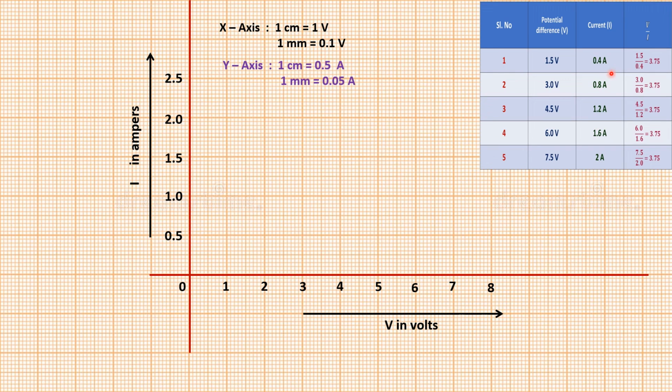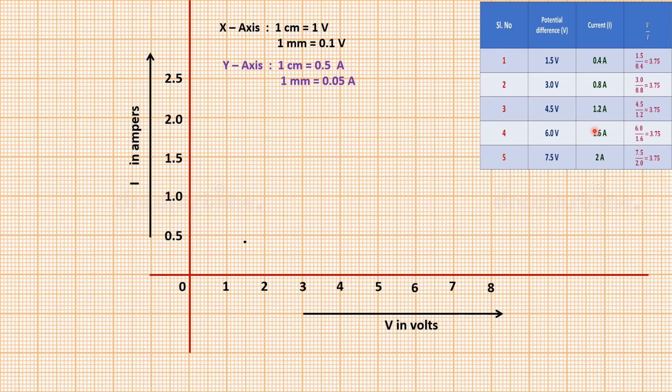So 0.4 divided by 0.05 means we get 8 units. So here 1.5, here 5, 6, 7, 8. Here I am placing the point. That's all.